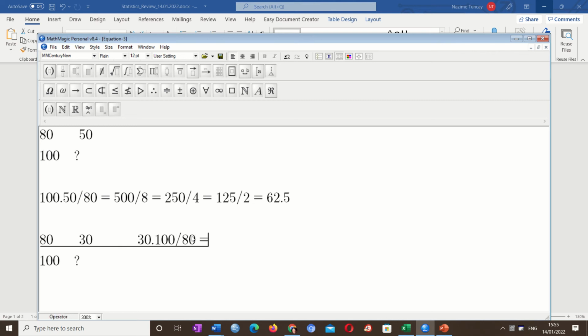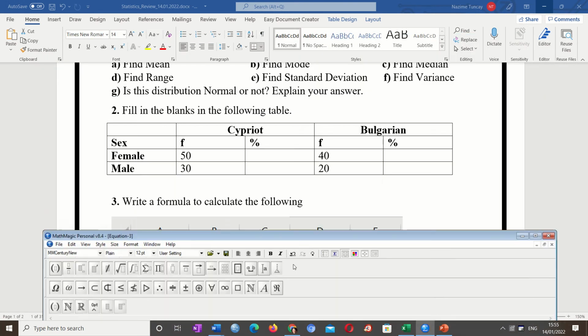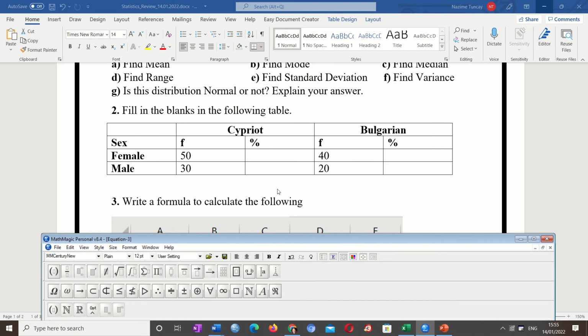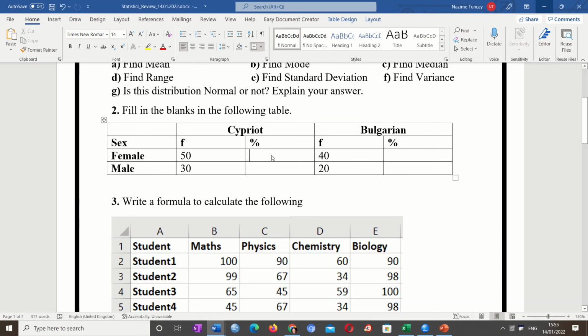And here I will find 37.5. Why is it like that? Because if I subtract this number from 100, I have 37.5. Are you okay with this calculation? Okay. 62.5, 37.5. So this is 62.5 and this is 37.5. These are percentages.